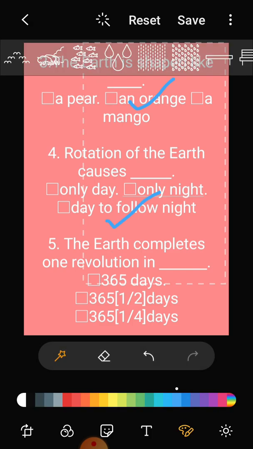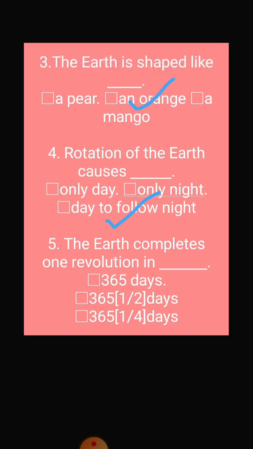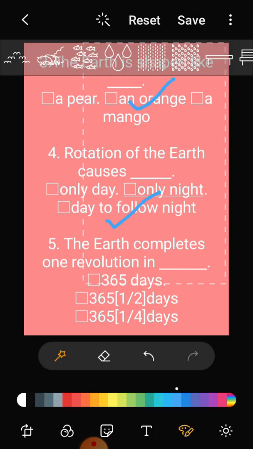Rotation of the earth causes day to follow night. The part of the earth that faces the sun has day, and the part that is away from the sun has night. So, rotation of the earth causes day to follow night.